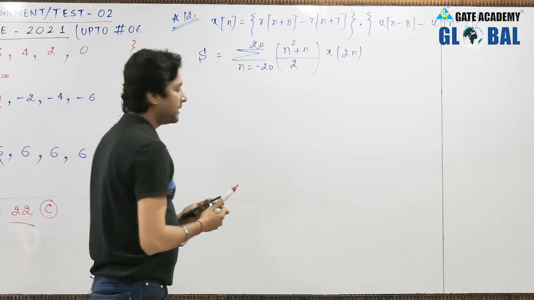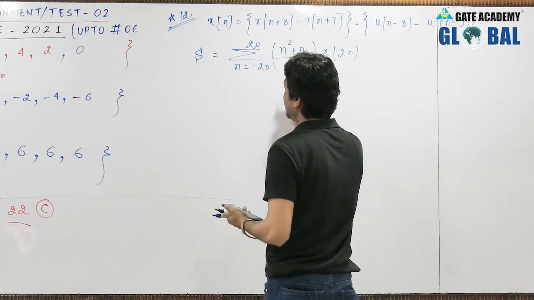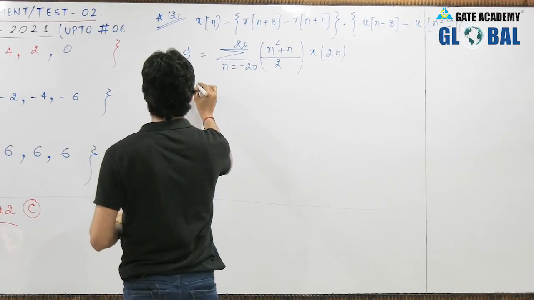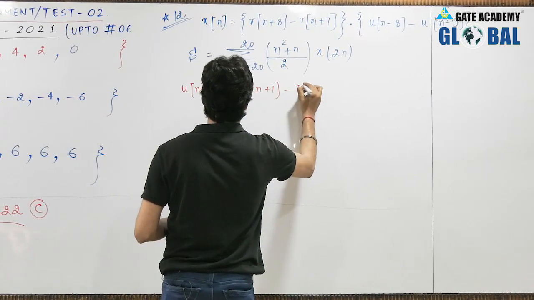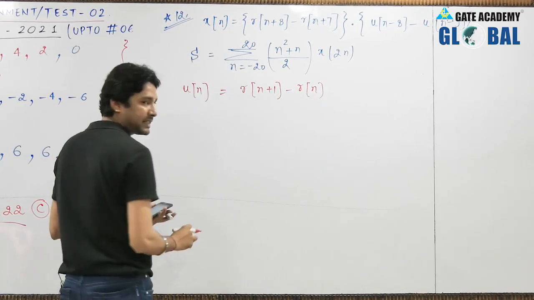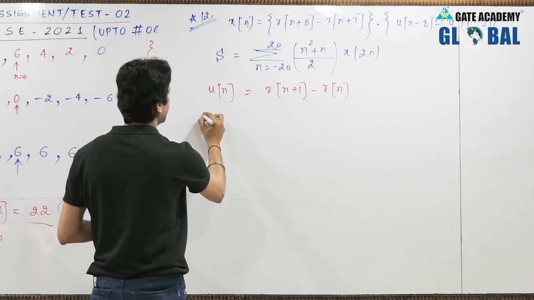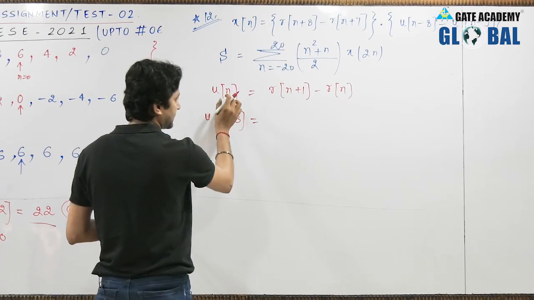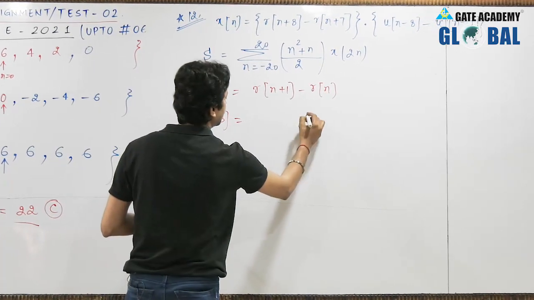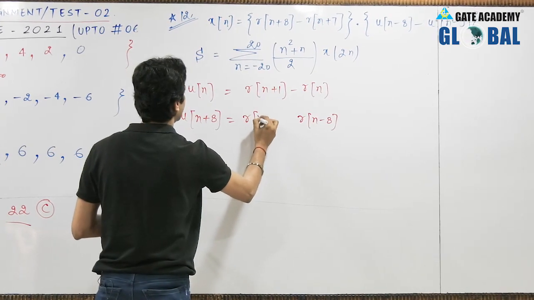So now, if you see here, this question is just a one-liner. You know that u of n is equal to r of n plus 1 minus r of n. And you have already seen that if you have to find u of n plus 8, then similarly you simply take the function r of n plus 8, and this term will be one more, that is r of n plus 9.